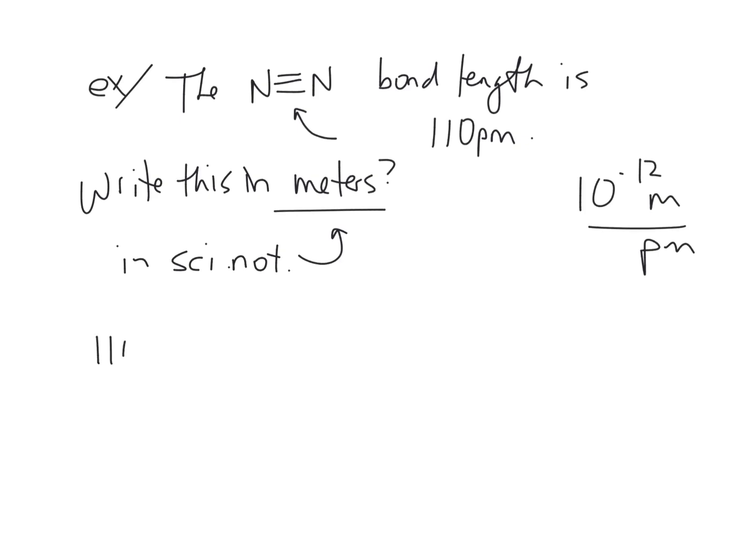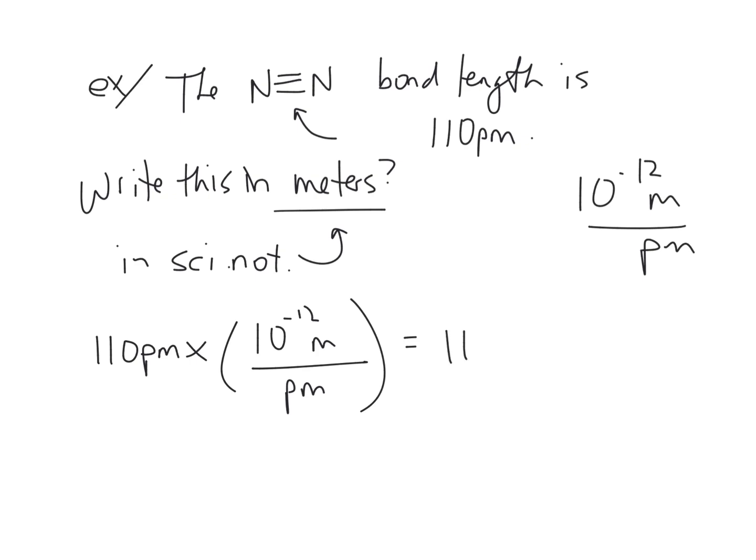So if we take 110 picometers and we're going to multiply it by that conversion factor, 10 to the minus 12, okay, our result is going to be 110, get rid of the picometer, it's gone. It's 110 times 10 to the minus 12 meters.